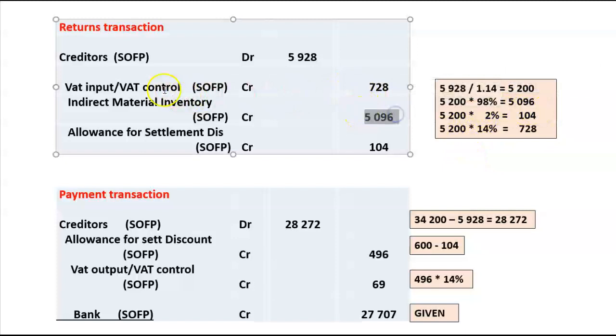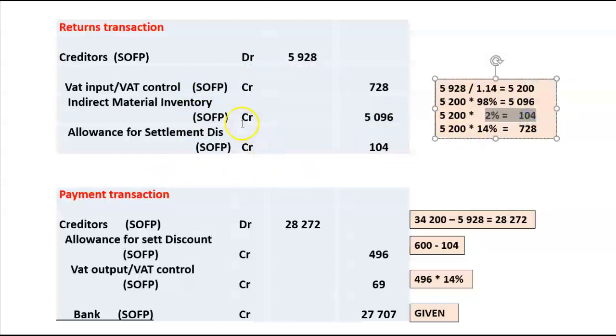So 5,096 would have been posted against our indirect material. Please don't forget about your statement indications. You would have lost a lot of marks if you did. And then the 2% would have been posted against our allowance for settlement discount, 104 Rand.